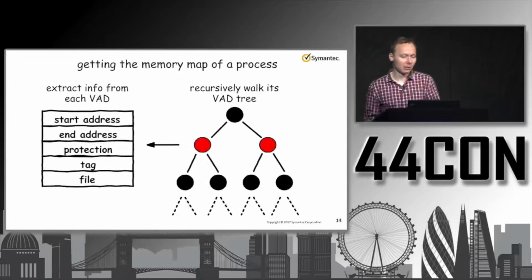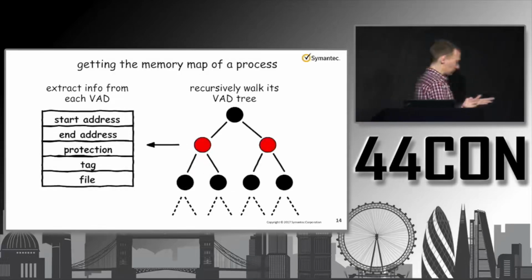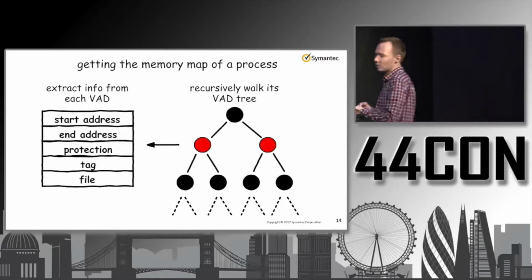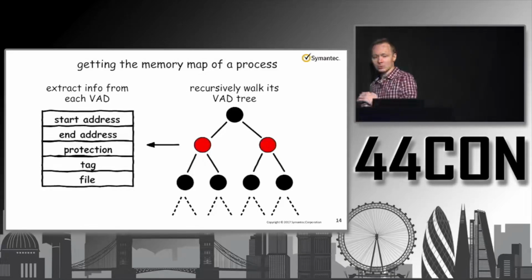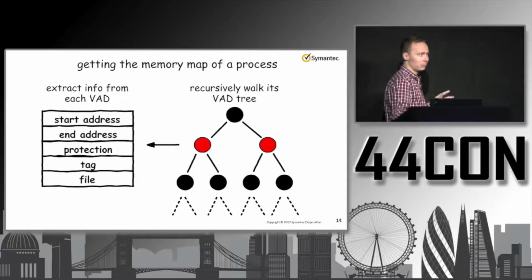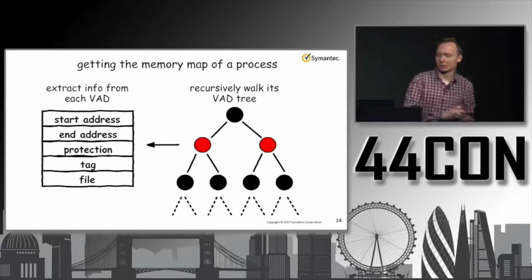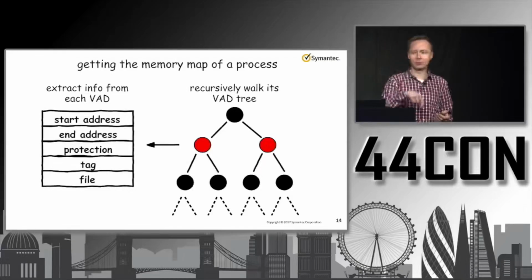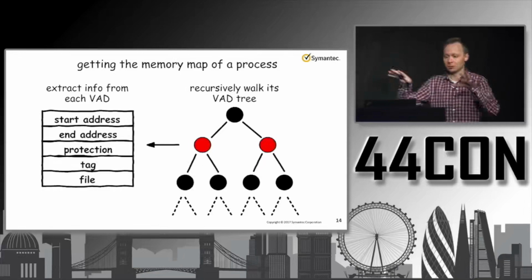Easy, no. Anyway, the good thing is that once we've done all this, I mean, it took me some time to actually get this code working, we can also use the same tree in order to get the full memory map of the process. You walk the same tree, but instead of searching through the binary tree, you recursively walk the entire thing.